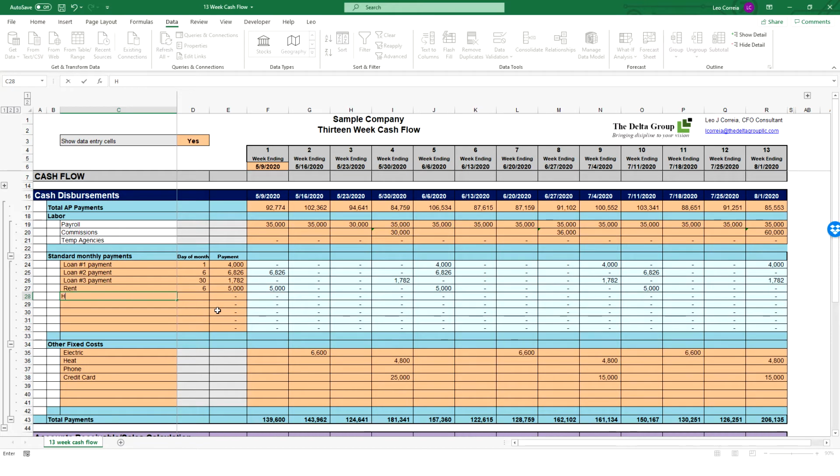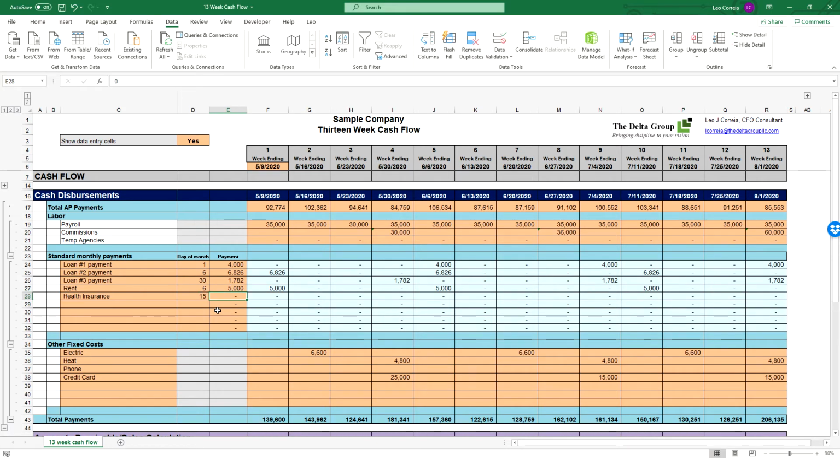Because if I put in a payment that I want to make, and I want to give it the date every month that I want it to be paid, in this case, I will make it the 15th of the month.